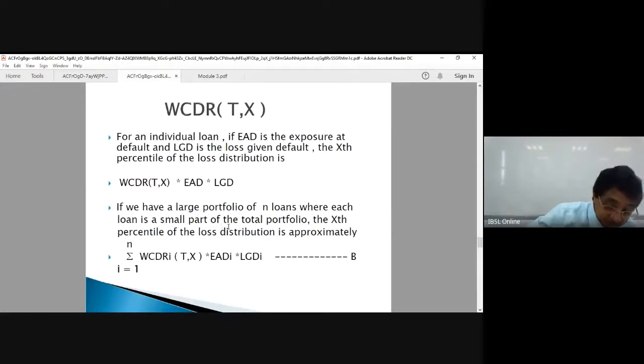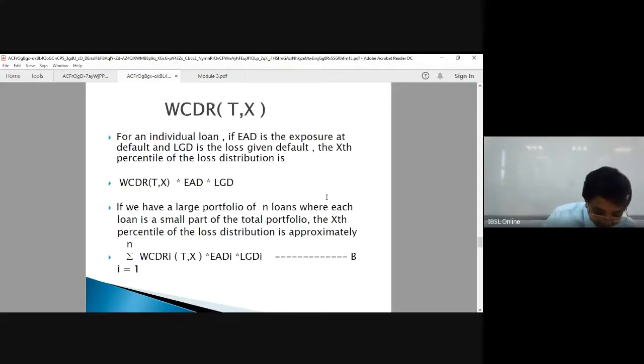In what situation? The situation where the downturn is so severe. And not only that, there's another thing: all the loans will have a correlation of a particular value, say rho, for each and every pair of loans.